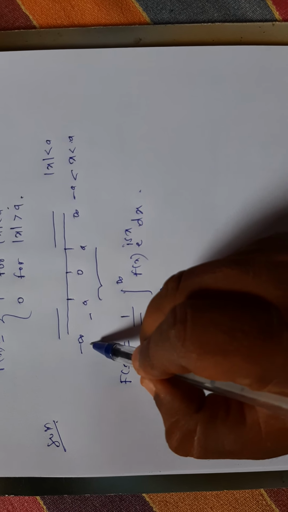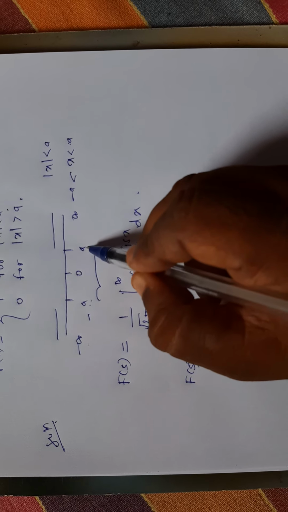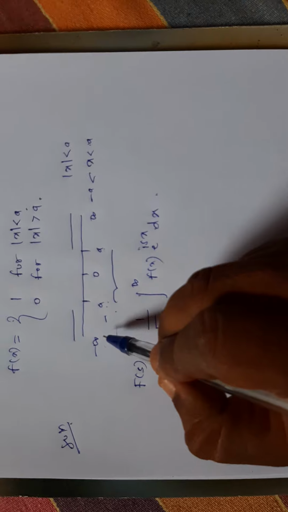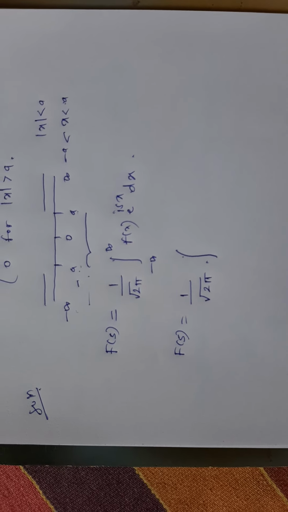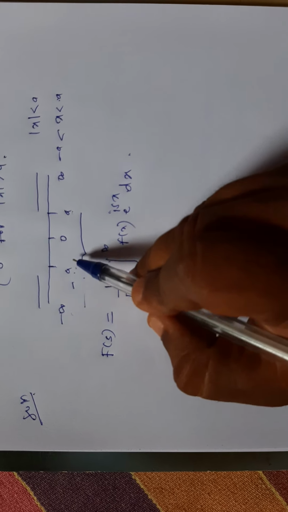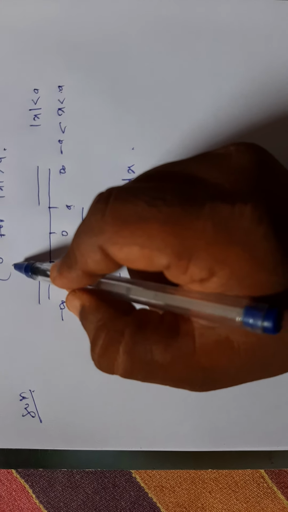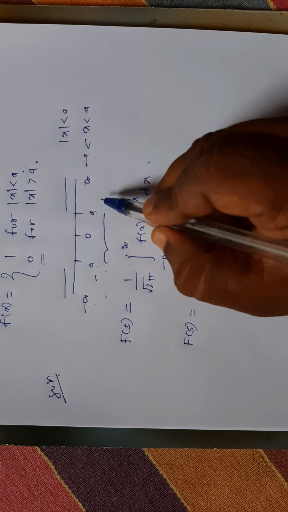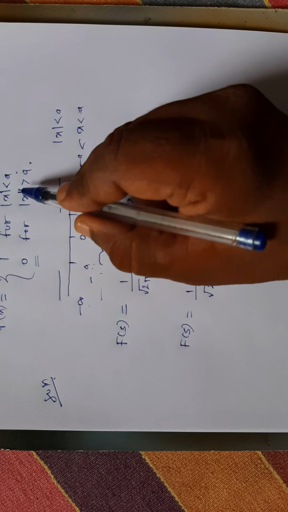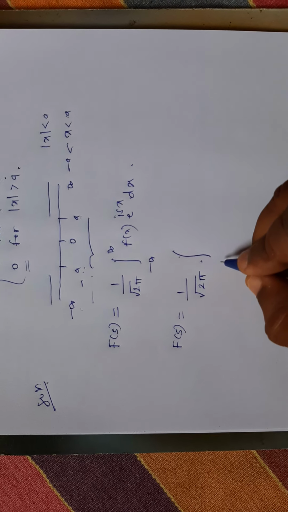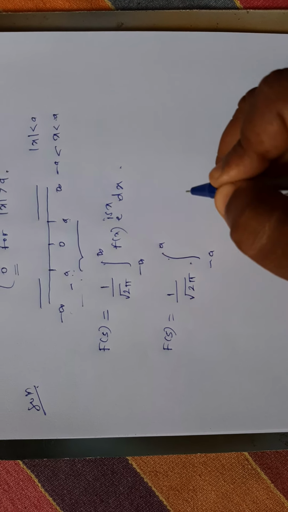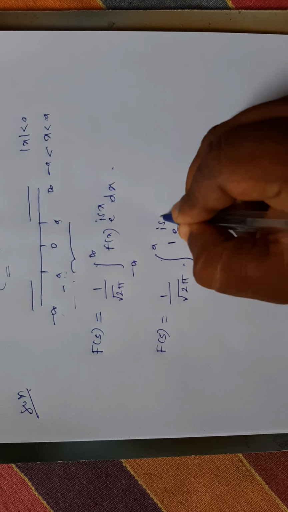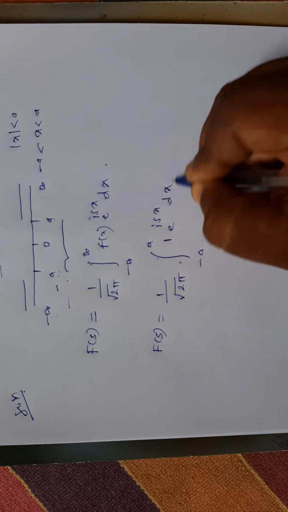The first range is minus infinity to minus a, then minus a to plus a, and a to infinity. Between minus infinity to minus a and a to infinity, the value of the function is given as 0, and between minus a to plus a, it is given as 1, that is mod of x less than a. So minus a to plus a, they have given f(x) as 1 into e^(isx) dx.